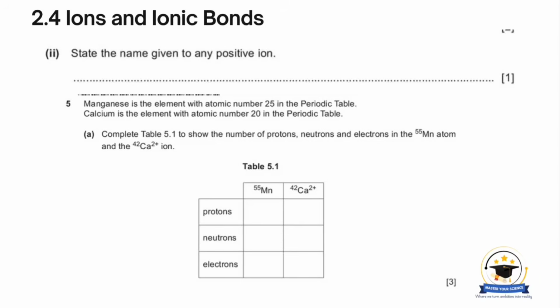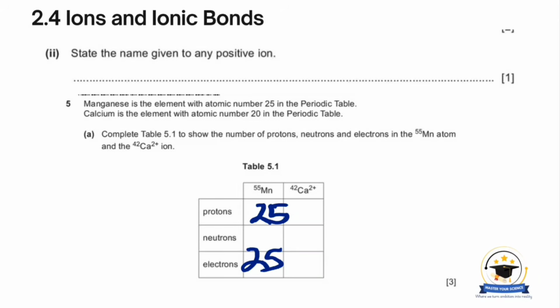So manganese being an atom, the number of electrons is going to equal the number of protons, and we have been told that it has an atomic number of 25, so the atomic number is also the proton number. So for manganese there, our number of protons is 25, and being an atom it is neutral, so it also has 25 electrons.